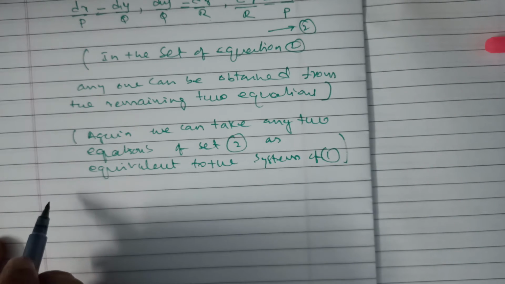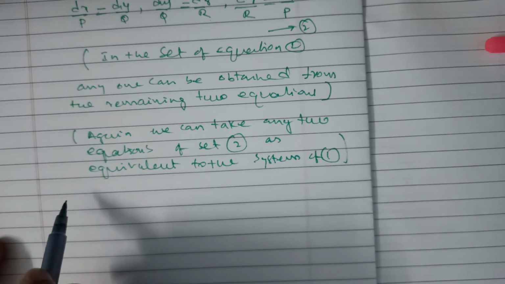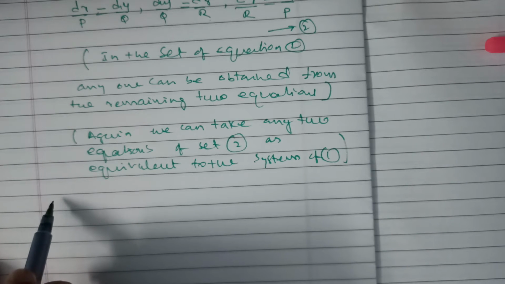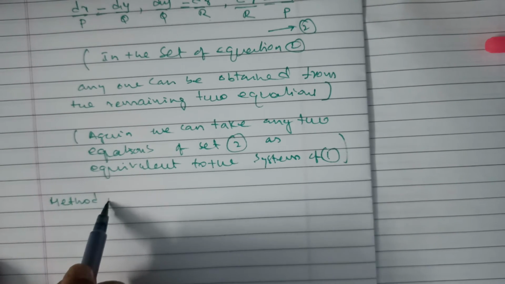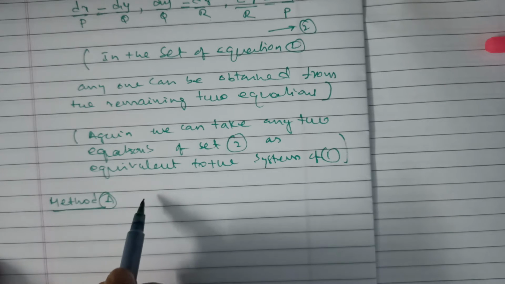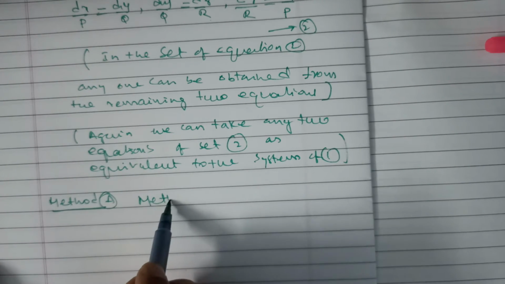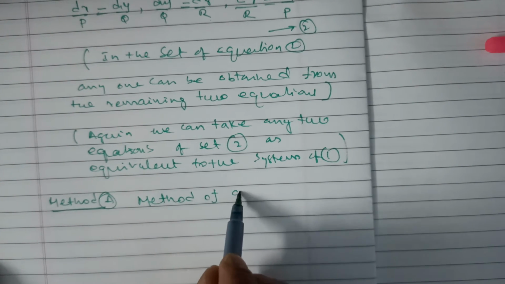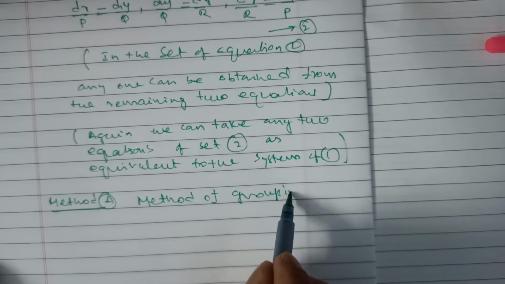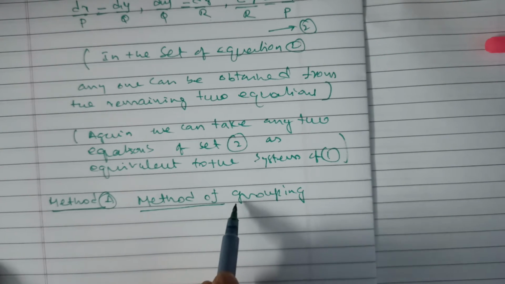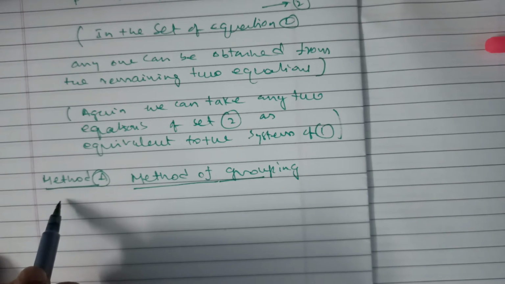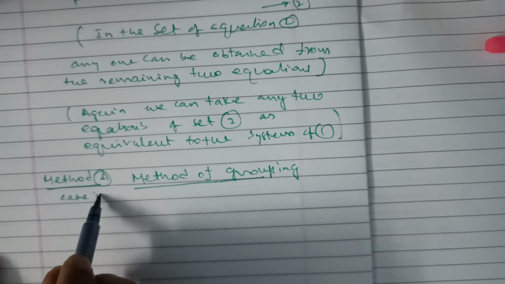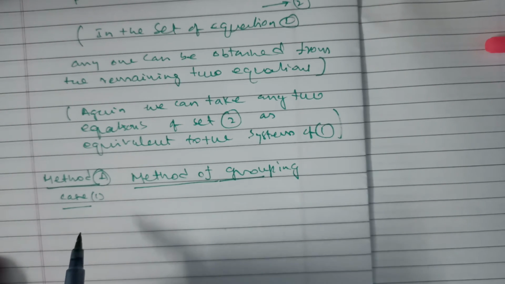Next, how to solve the above set of equations? For that, method A. This is called the method of grouping. So, how to group the equations to find the solutions? Case 1.